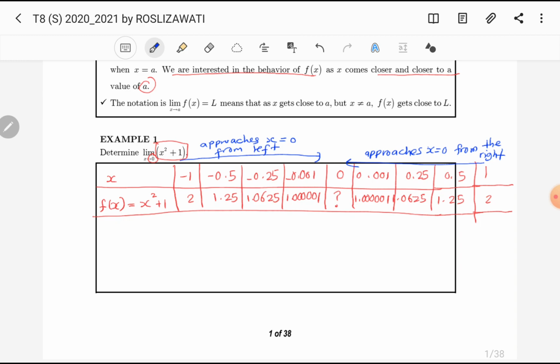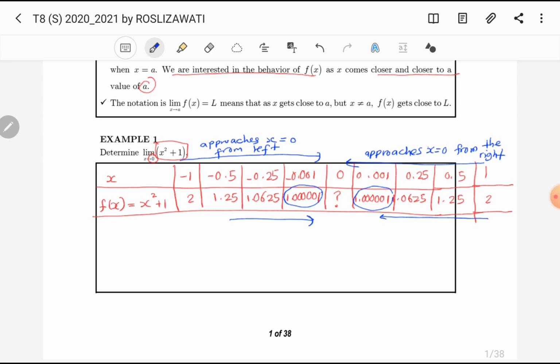Okay, look at the answer for f(x). First we have 2. Next 1.25, which is smaller, 1.0625, 1.000001. Meaning that kalau awak tengok dari kanan pun dia semakin kecil, and at one time 1.0001, dan dia pun sama juga.